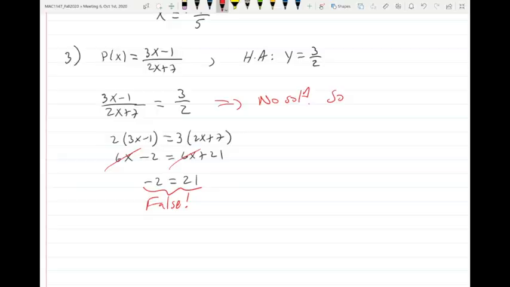So P of x will not cross the horizontal asymptote. It's not going to cross its horizontal asymptote. Okay, questions for number 3? All right, perfect. And then let's look at number 4.